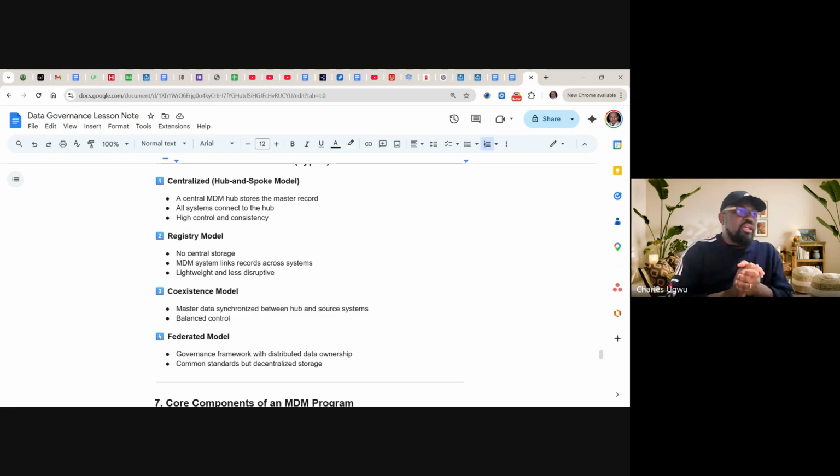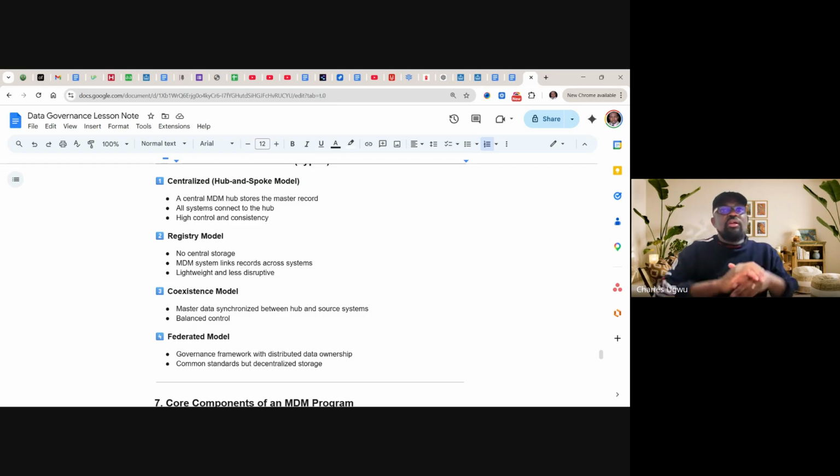Maybe the rule or the constitution says that once you want to register for, let's say, INEC, in each state you must collect an ID card, you must collect a passport, you must collect date of birth, you must collect email. That is the standard.